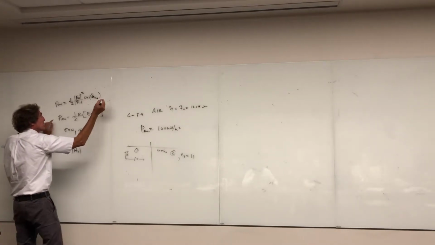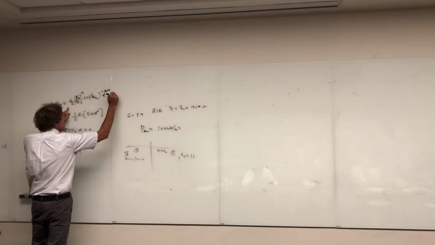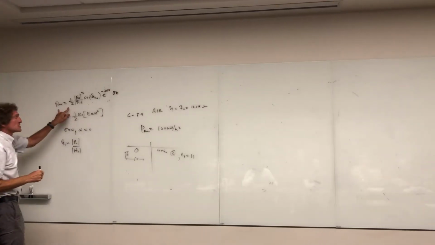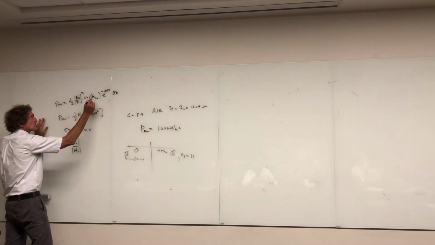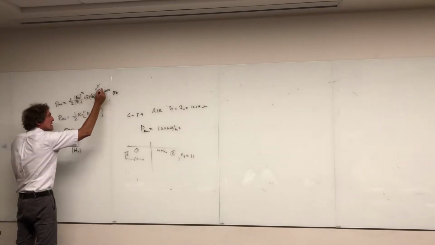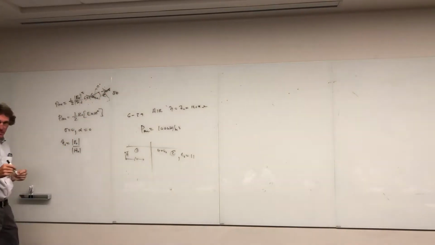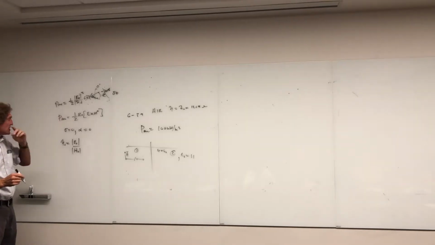And then it would normally be e to the minus 2 alpha z, propagating in the z direction. But because eta is eta naught, this angle is 0, so the cosine term goes away, and this goes away because alpha is 0 in air. You follow me?